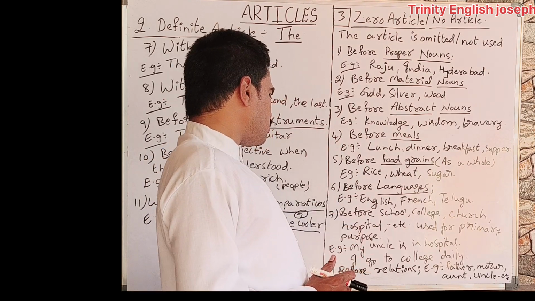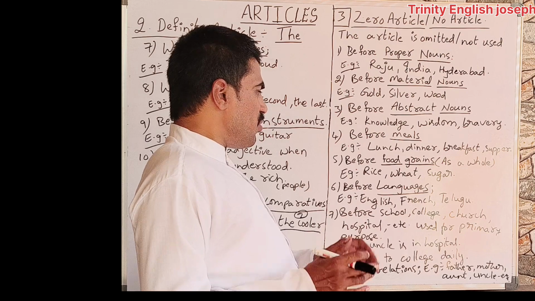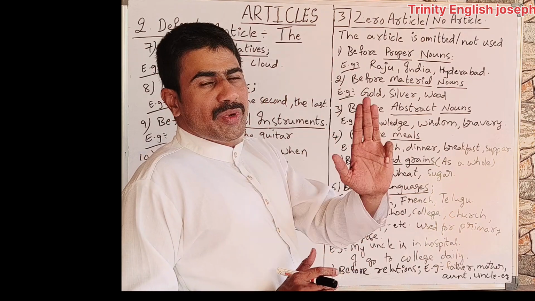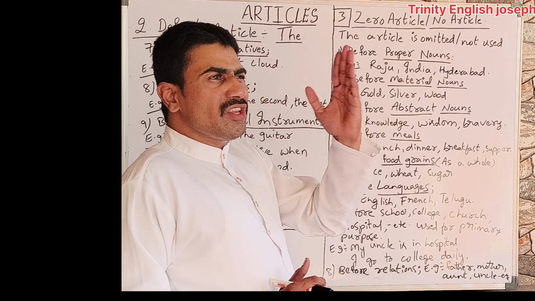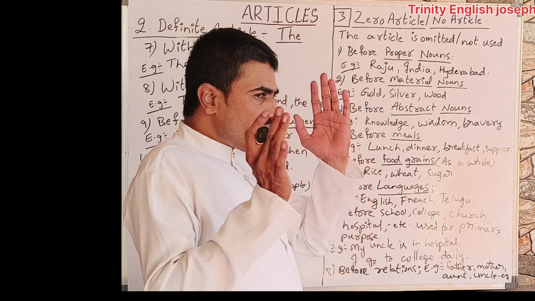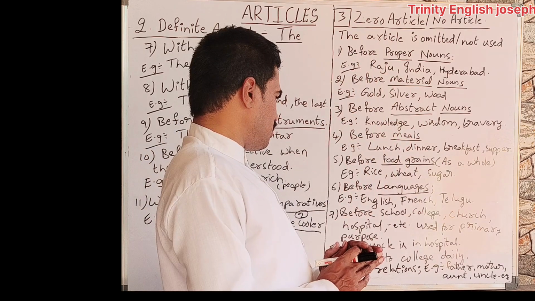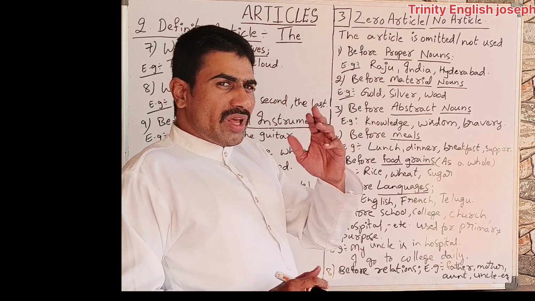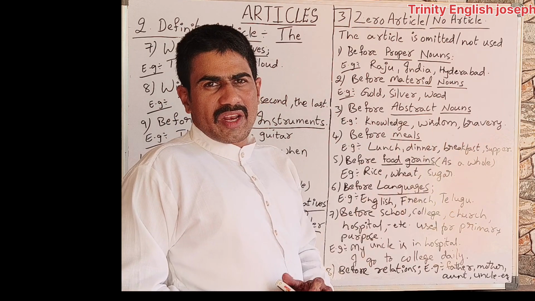And the seventh one, before school, college, church, hospital, university or many other public places especially, when they are used for their primary purpose, then we don't use any article. What are primary purpose and secondary purpose?